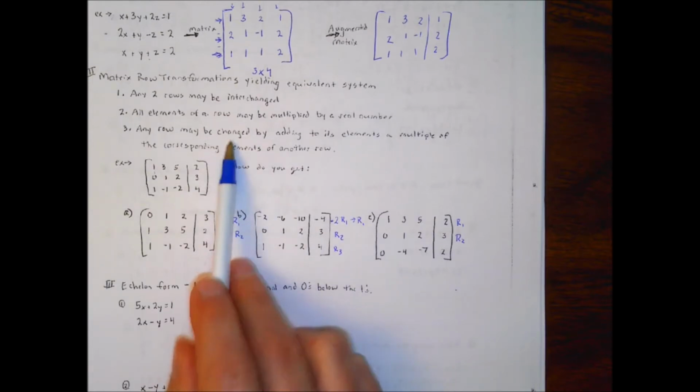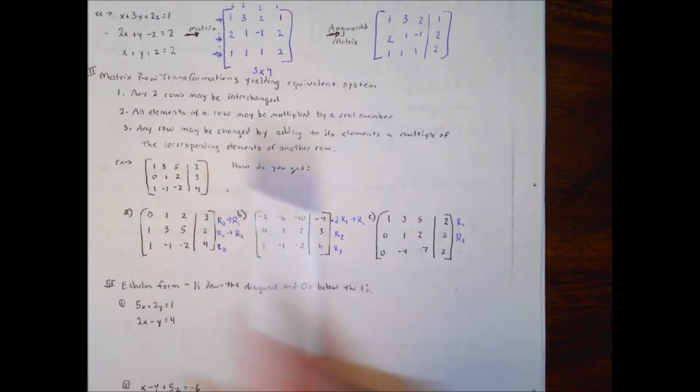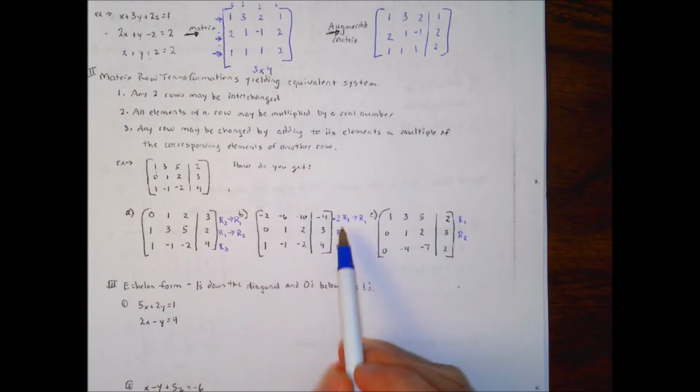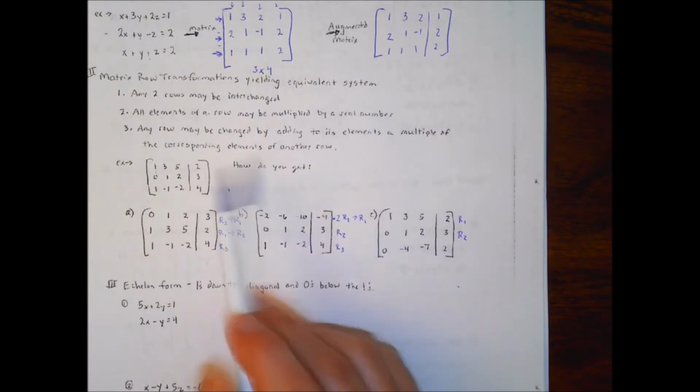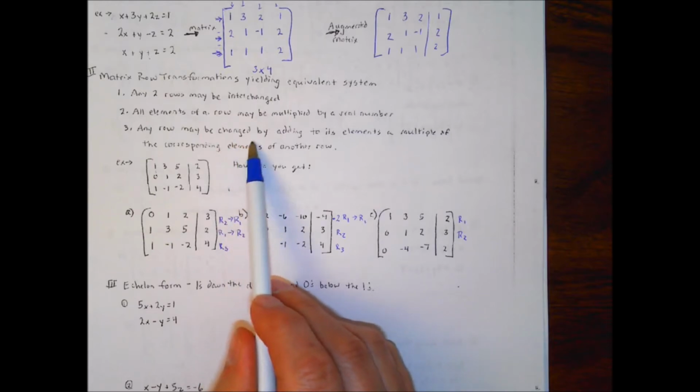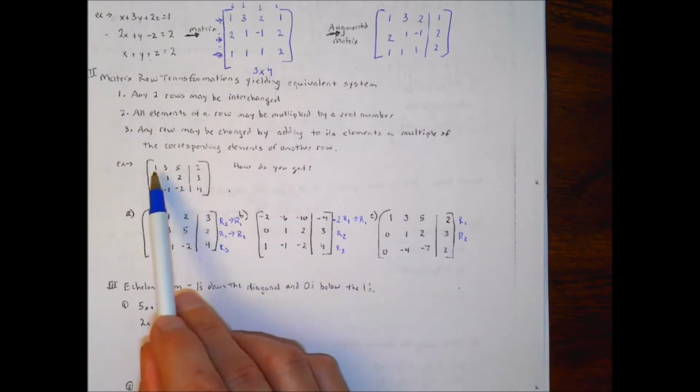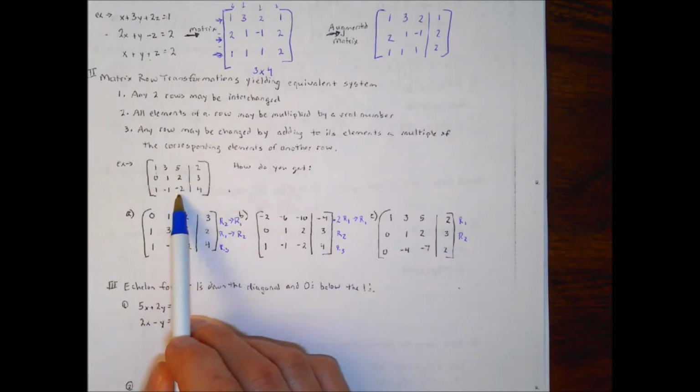Rows can be interchanged, as we did here. They may be multiplied by a number, so we multiplied everything by -2. And they can be changed by adding an element to a multiple of the corresponding other. So what can I do with any of these other ones, multiply and add together with this one to get this?